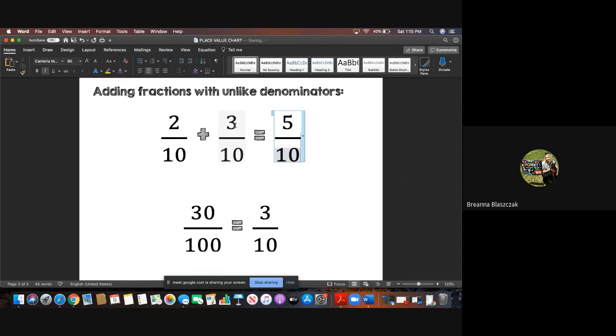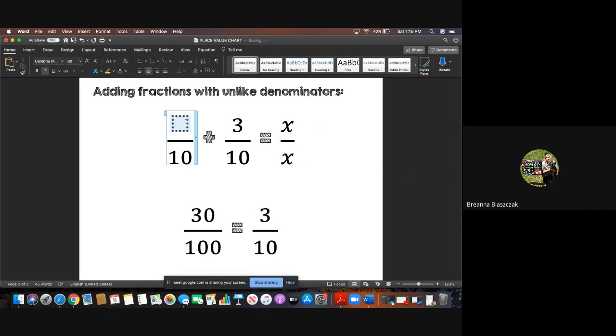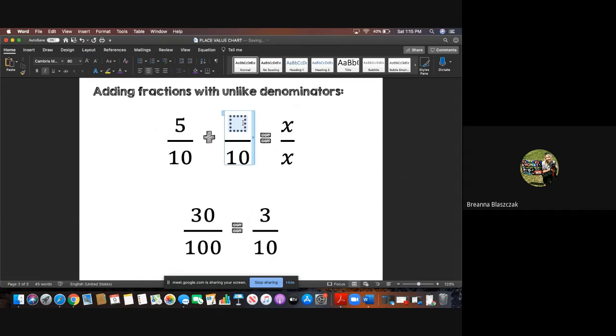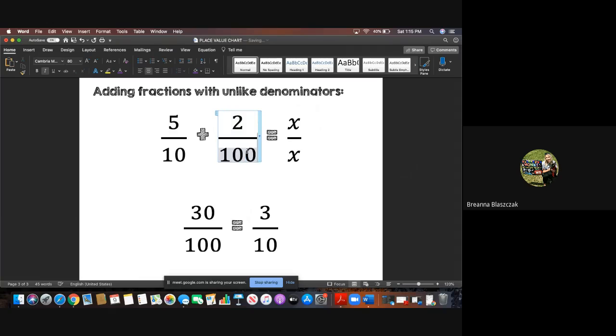Now, sometimes you won't be able to change both. For instance, let's change this to 5/10, and let's change this to 2/100ths.